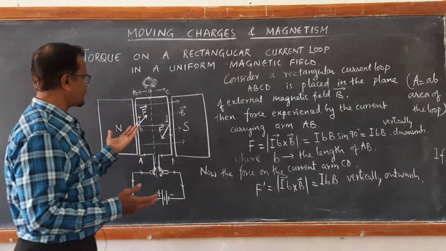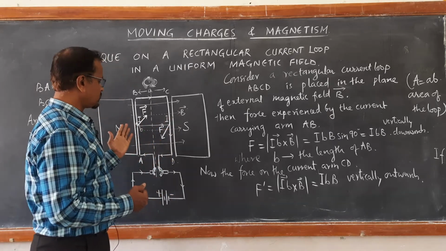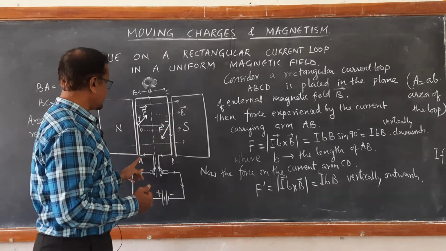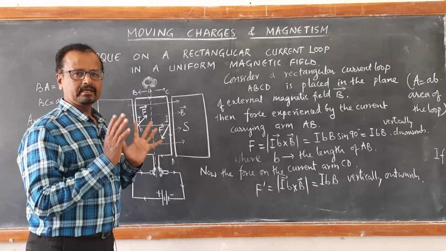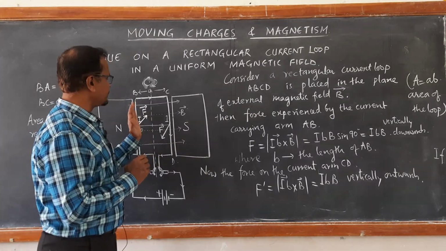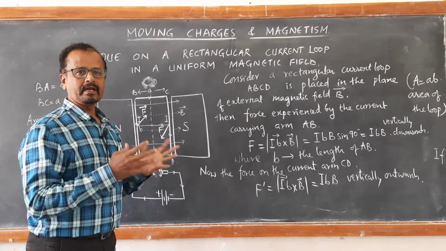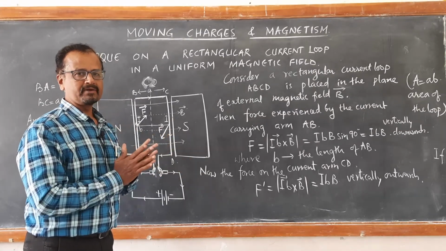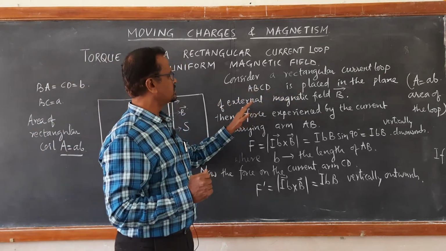When such a rectangular loop carrying current is placed in a strong magnetic field like this, then you see AB becomes a current wire placed in the magnetic field such that AB is perpendicular to magnetic field. Then naturally the current carrying wire placed in the magnetic field experiences a force. So this is what is written here.